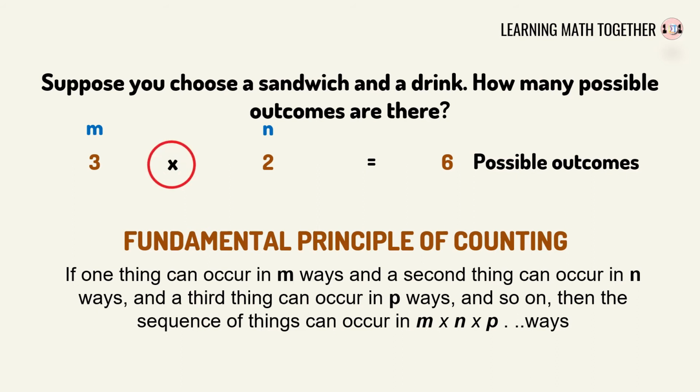So if we multiply this one, because that is the operation that is being used in principle of counting, we will be able to get the total possible outcomes, which is 6. That means instead of doing listing method and a tree diagram, we will apply the fundamental principle of counting in identifying the total possible outcomes in each problem.